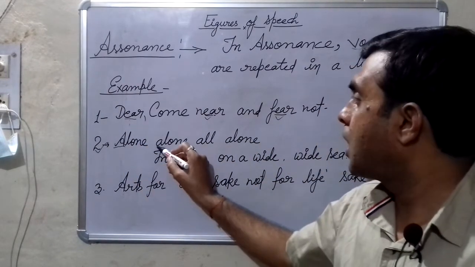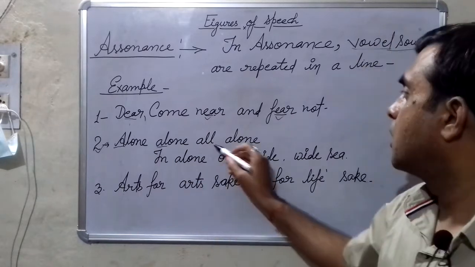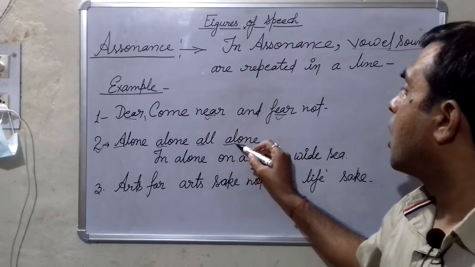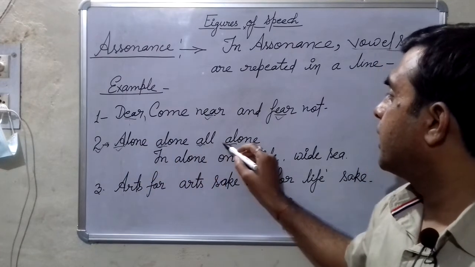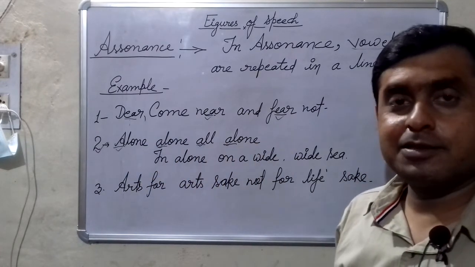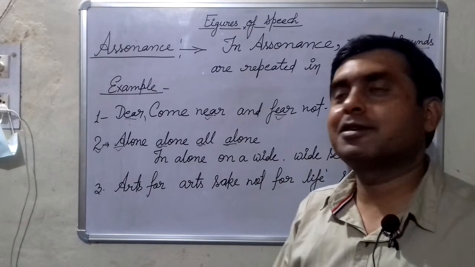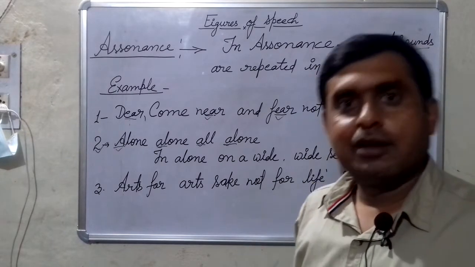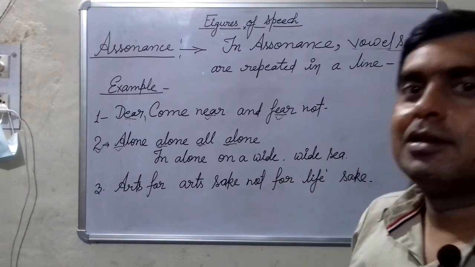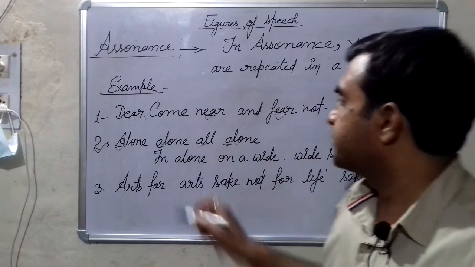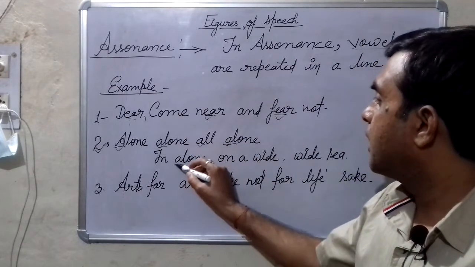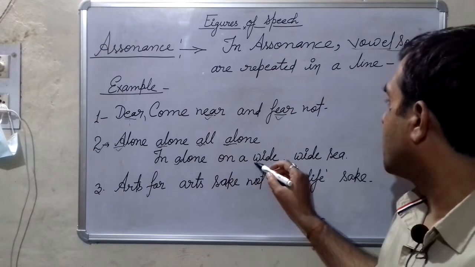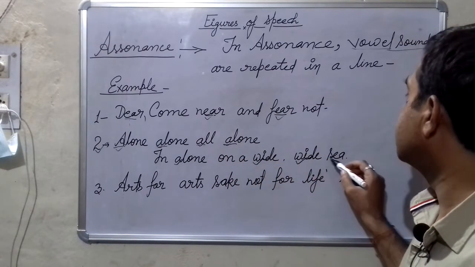Alone, all alone. So A, you can find it easily. There is a proper repetition, and I think this is the easiest example to find out the assonance in the line. Once again: in alone, on a wide sea.